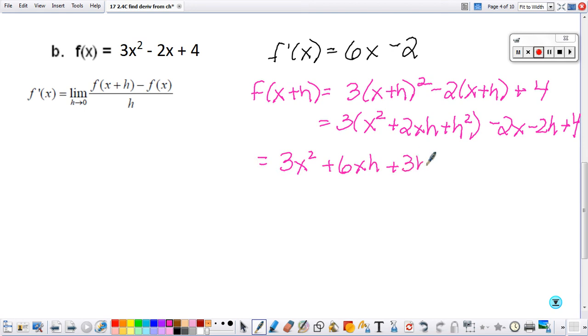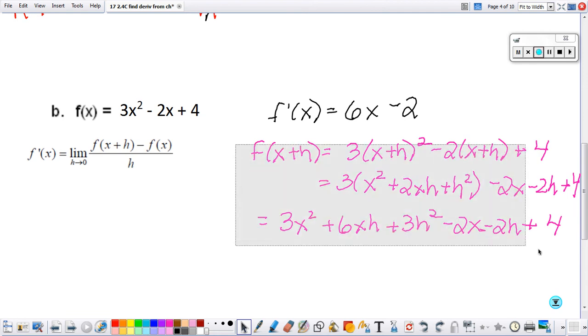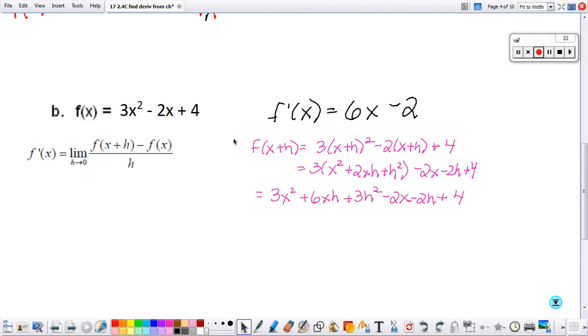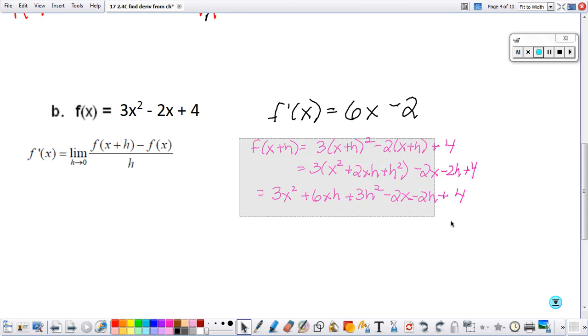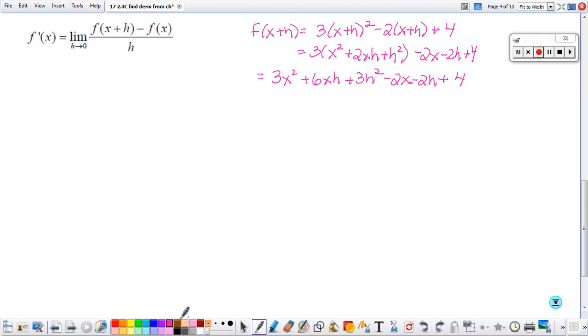So these problems are even more algebra work than what we were doing last unit with just the numbers. Okay, so this is the first half of my numerator. Okay, so I'm just going to squeeze it in over here, so that's the limit as h goes to 0.